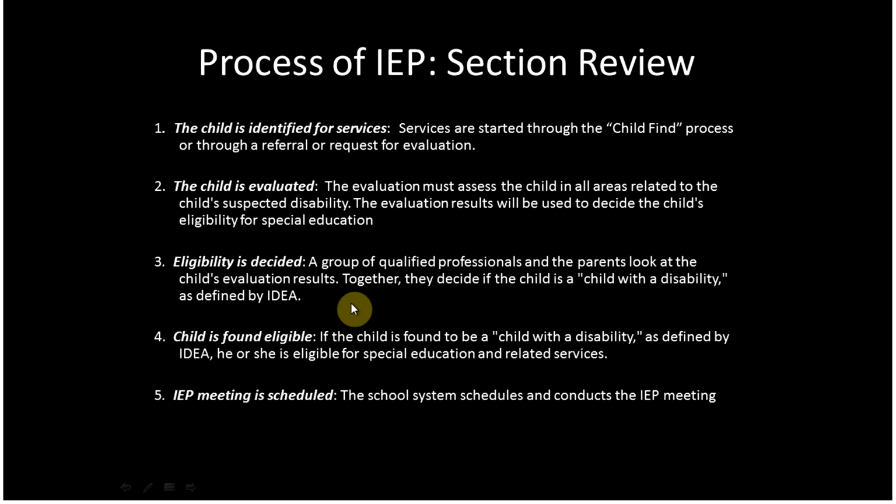The different processes of the IEP start with the child being identified for services. Services can be started through the child find process or through a referral or request for evaluation. The child find process typically occurs when the child is very young, 0 to 3, and you'll see referrals from people like pediatricians, daycare providers, and social workers.